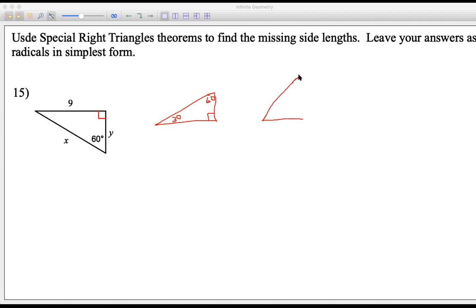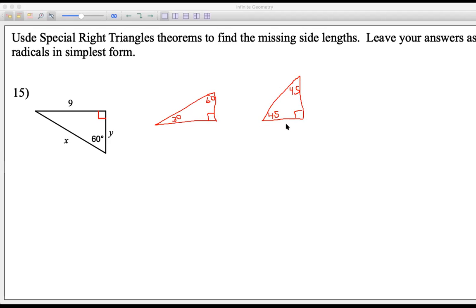My goal was to at least familiarize yourself with this. I'd love it if you had this memorized, but I'm not holding out for that. I'm just holding out for you know what to do. Did anybody remember any of it? 45, 45, 90 is the easy one.